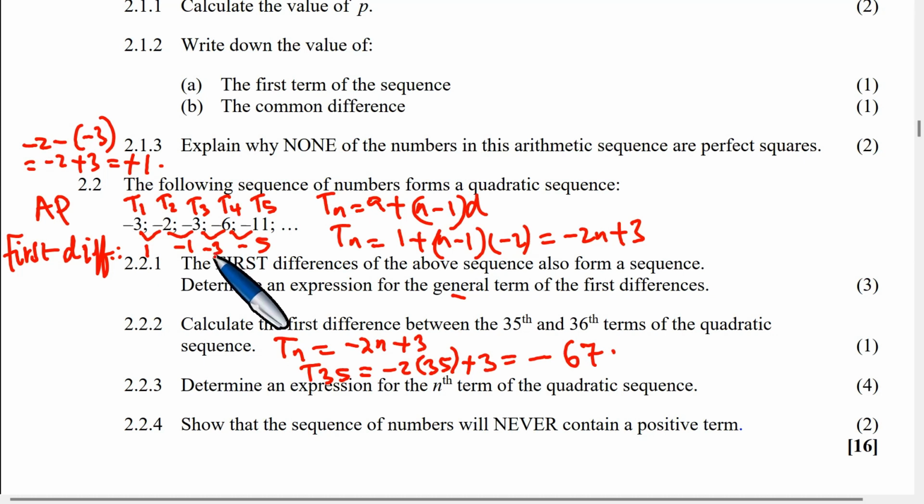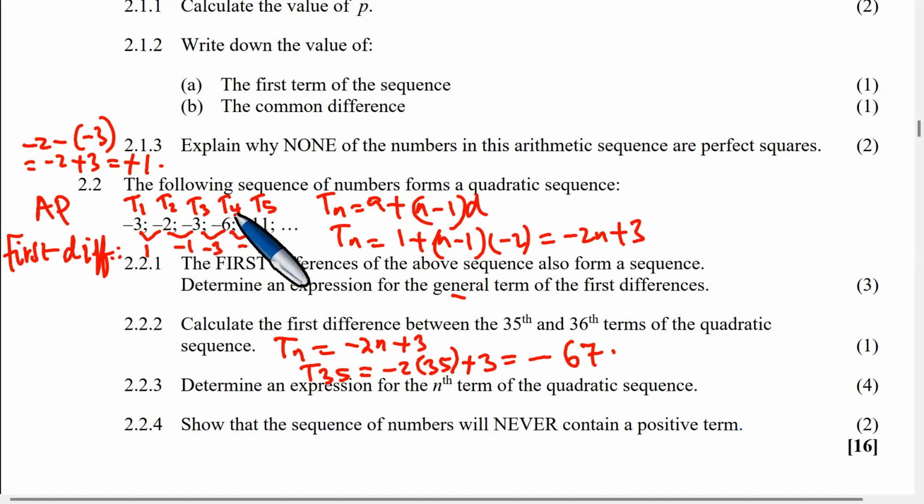This means between T3 and T4, we get term 3. Between term 2 and term 3, we get term 2. Between term 1 and term 2, we get term 1. So we always get the one before. Between term 2 and term 3, we get term 2 of the first differences.